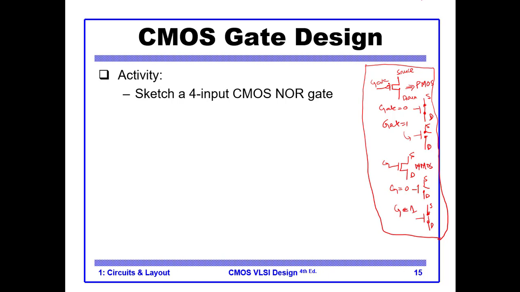remember that a CMOS gate has two parts. One is called the pull down, and the other is called pull up.